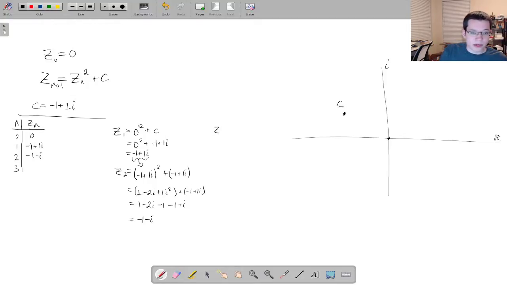Now we'll do z3, and we may do 4. So z3, we will now take this (-1 minus i) squared, and then add -1 plus i.